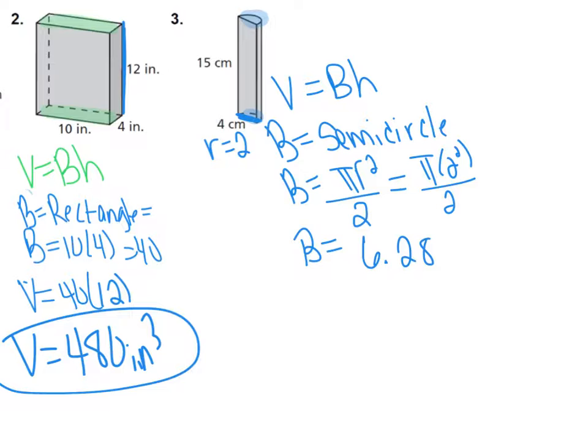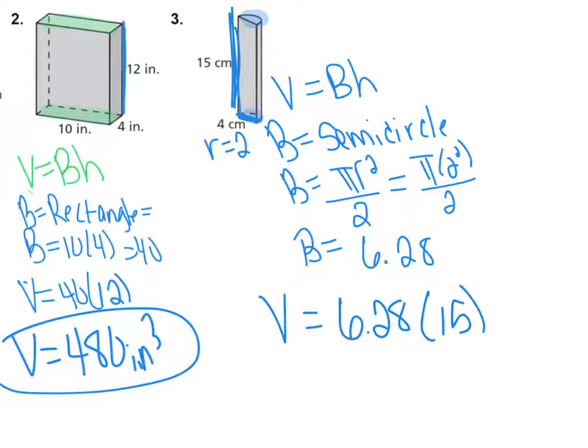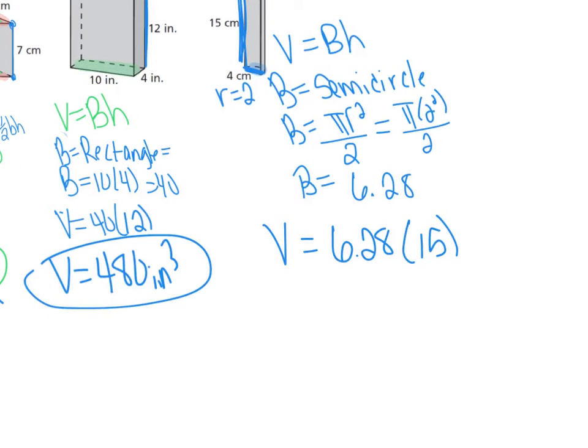And then to find our volume, we take the area of our base, which is 6.28, and multiply it by our height, the distance between the two bases, and we get 15. And again, this is a lot of calculator work once we get to here. 6.28 times 15 is 94.2 centimeters cubed.